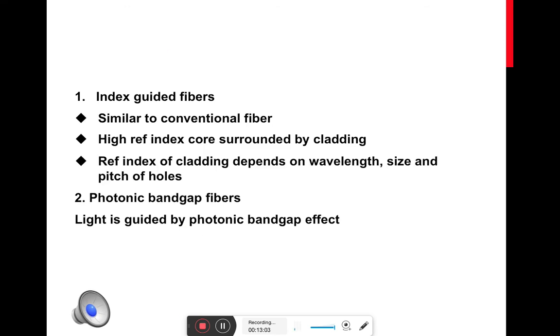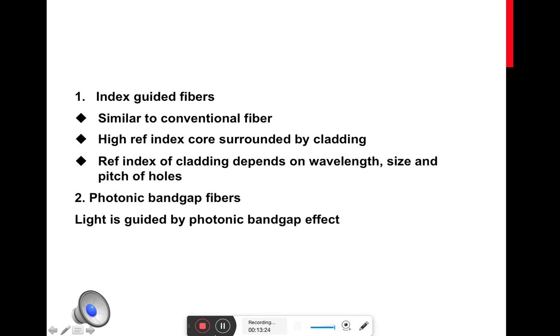So index guided fiber is similar to conventional fiber. Here we have a higher core refractive index which is surrounded by a cladding. The cladding has different holes, the holes that are given to the lattice capillaries or the lattice structure. Inside these holes we will be giving different materials or gels.